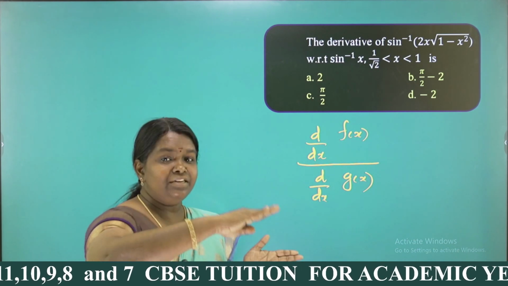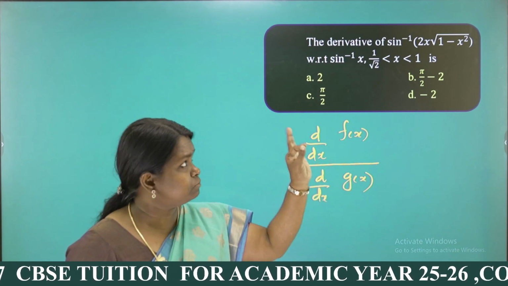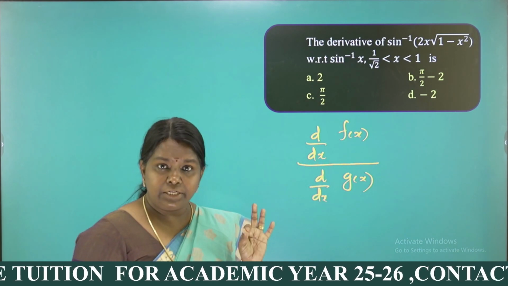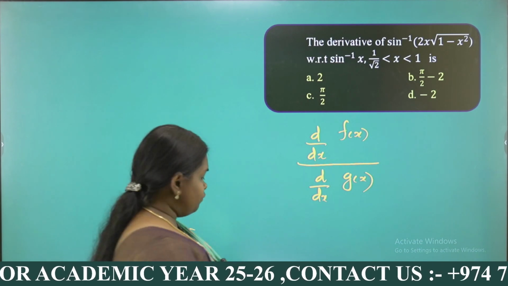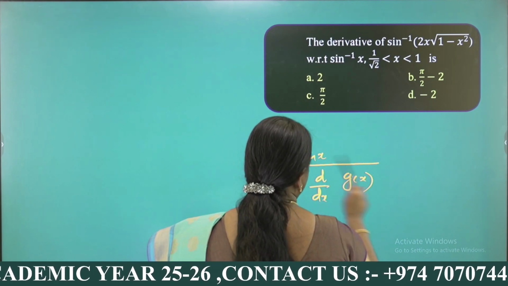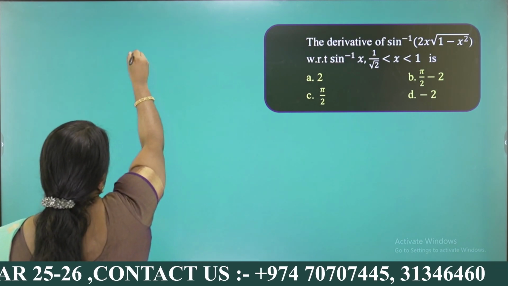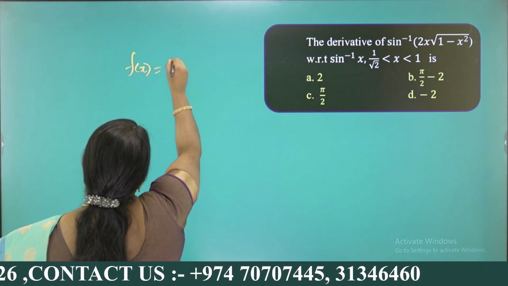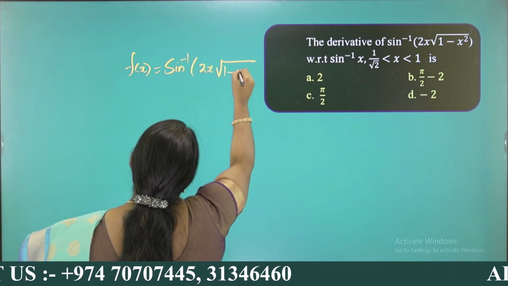Then the sine inverse will get cancelled after a proper substitution for x. Your f of x is sine inverse of 2x into root of 1 minus x square.